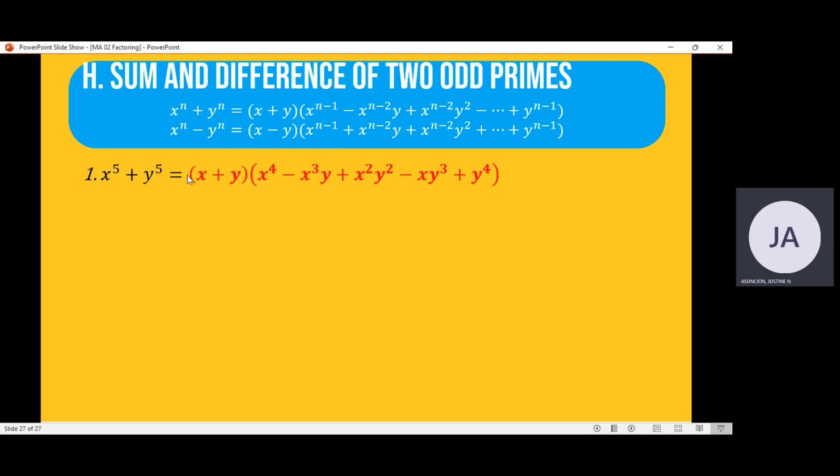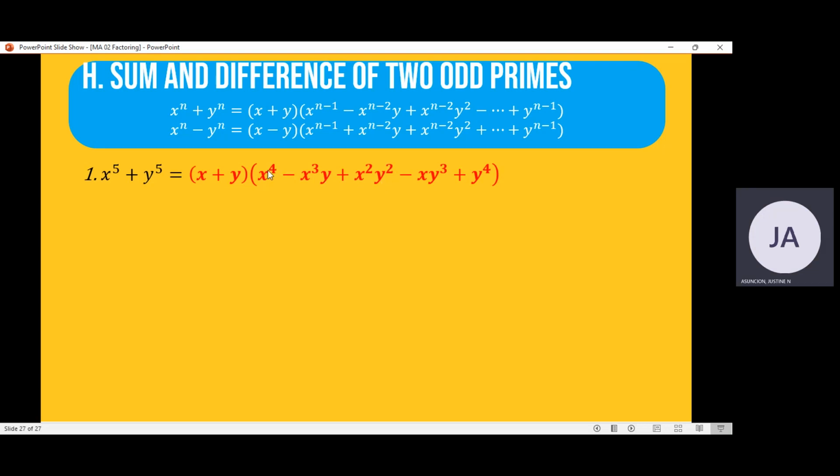So x raised to 5 minus 1, that's x raised to 4. And then for the next term, we subtract 2, so x raised to 5 minus 2, that's x cubed, and for the second term, that's y. And then the next one, x raised to 5 minus 3, that's 2, and for the second term, you increase it by 1, y squared.